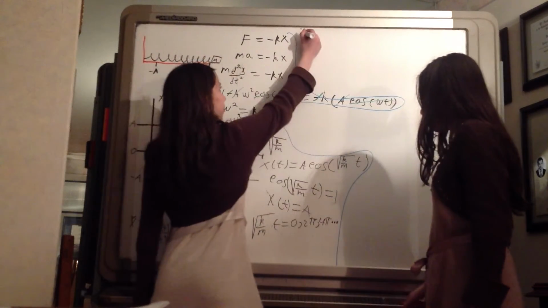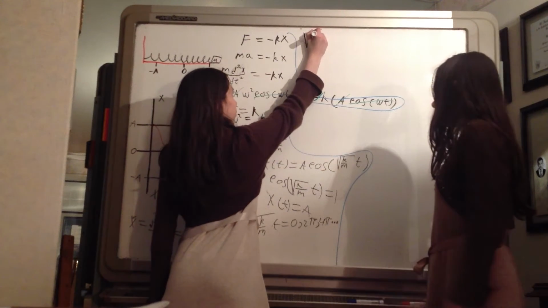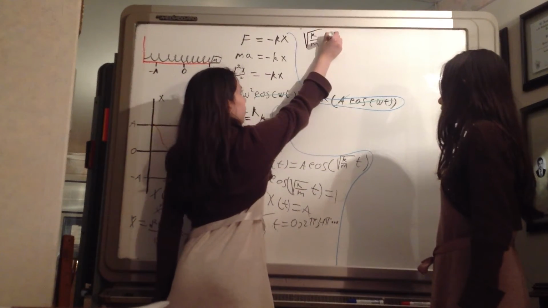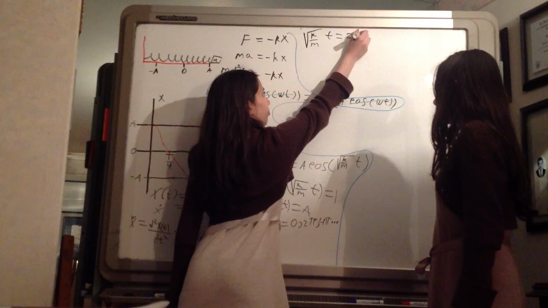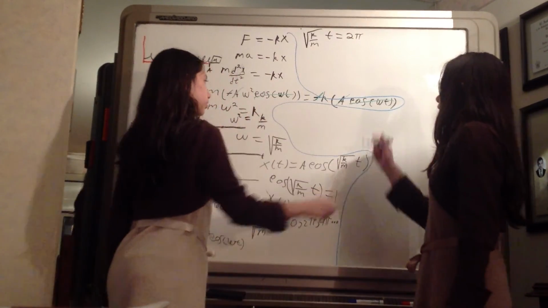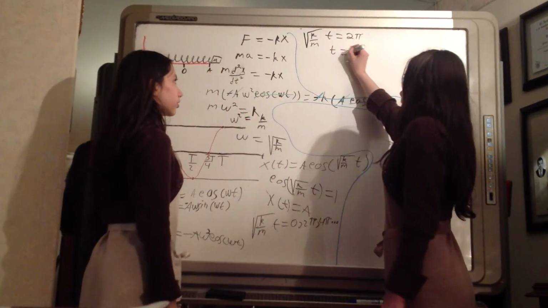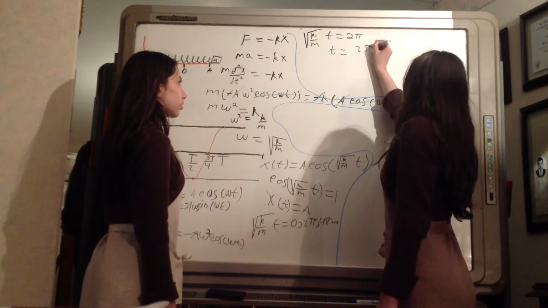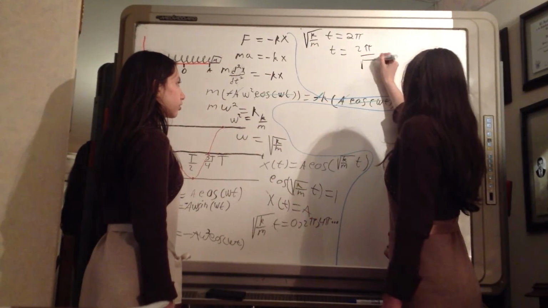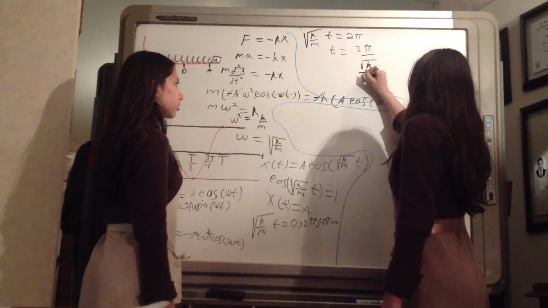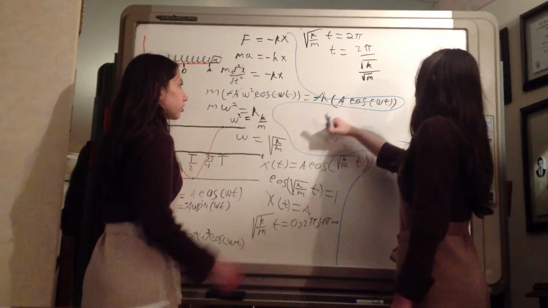And so the root of the constant of the spring over the mass times t is equal to 2 pi. And so t is equal to 2 pi over the root of the constant of the spring over the root of the mass.